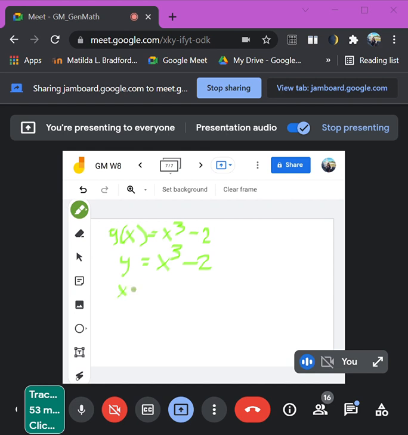So, y will become x, and then x here will become y raised to the power of 3 minus 2. Now, atong i-combine ang constant, so we will have there x, and then negative 2 will become positive 2 kay mulabay man siya, and then we have here y cubed.